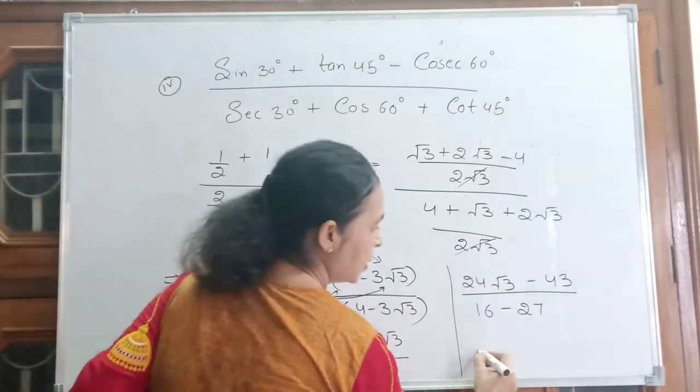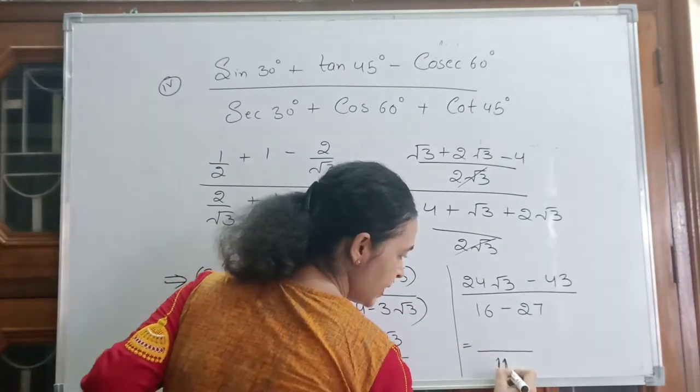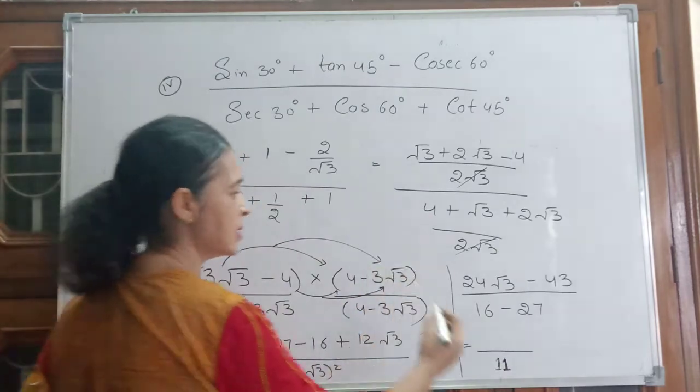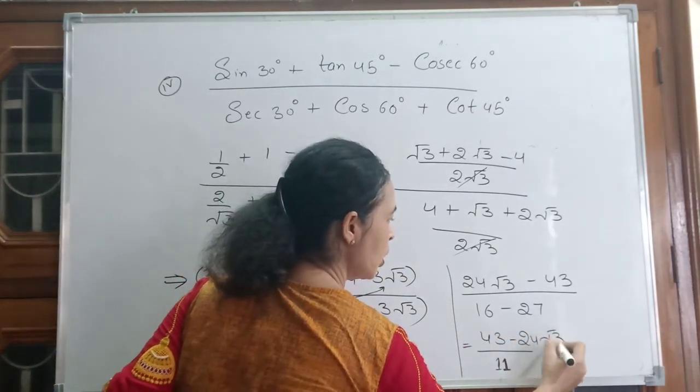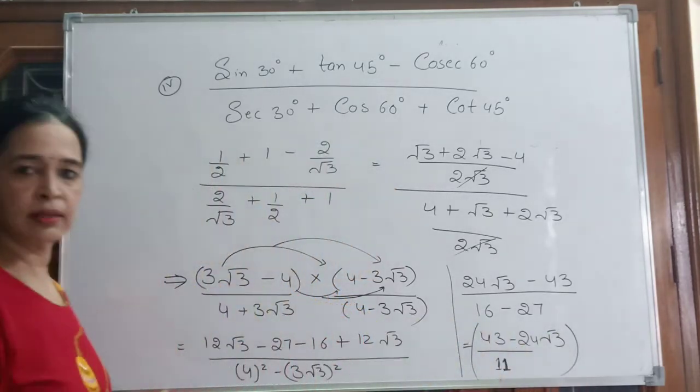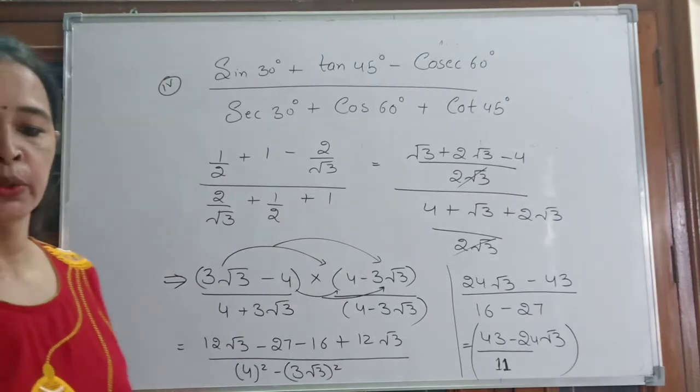We will write plus 11 and minus we will take in the numerator. This is 43 minus 24 root 3 upon 11. This is the answer. Hope you got it. Pause the video and note it down. We will do next part.